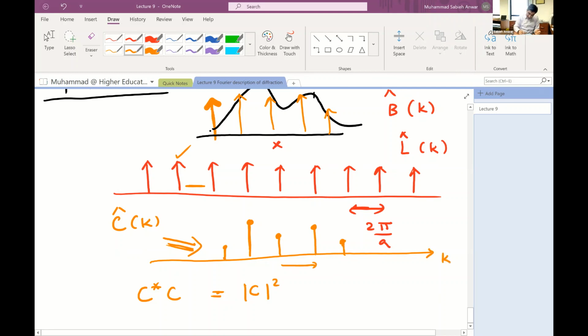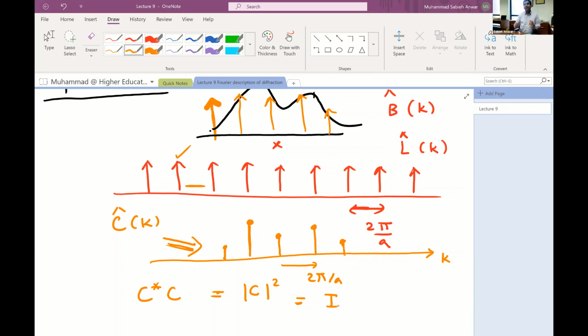Everything is in the reciprocal space, and this is 2 pi over a. So if I take the modulus square of this function, I get the intensities of the scattered X-ray beams. So Bragg's law gives me the directions of these scattered X-ray beams, and this Fourier formulation gives me the intensities of the scattered X-ray beams.